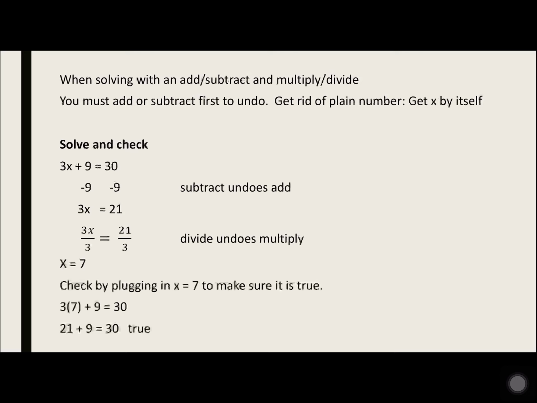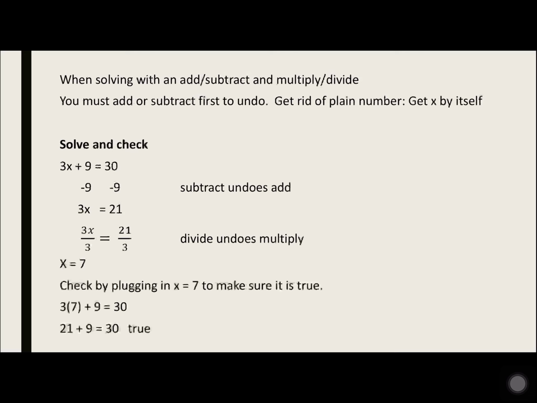When solving with an add or subtract and a multiply or divide part, you must add or subtract first to undo. Get rid of the plain number, get x by itself. Solve and check. 3x plus 9 equals 30. Subtract undoes add, so subtract 9 on both sides. Plus 9 minus 9 cancels.